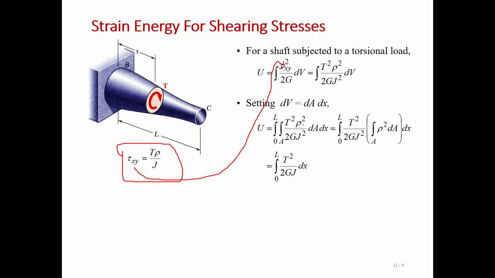So setting dV equal to dA into dx, we have rho squared dA, this is the polar moment of inertia. So rho squared into dA is basically J. This will cancel out with the square of this, and the total strain energy will be reduced to this expression.